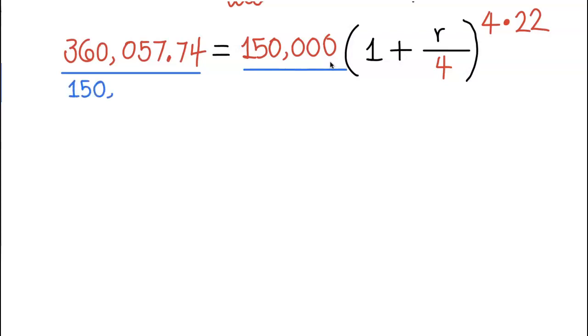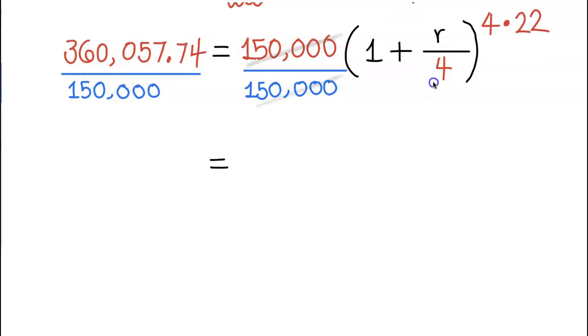If you do that, this 150,000 will cancel out on the right side. And I'm going to get a calculator to get a decimal approximation for this division.